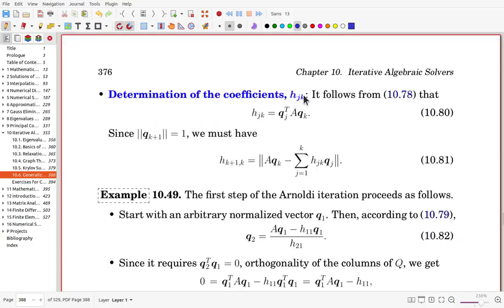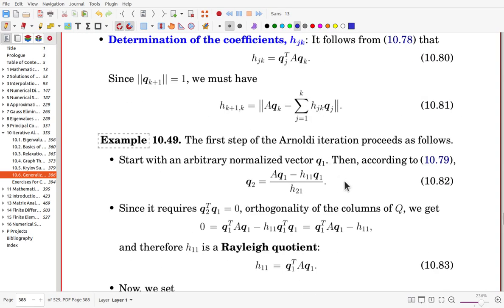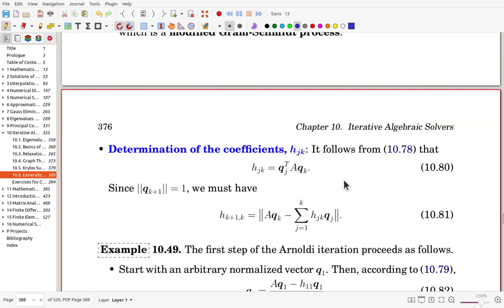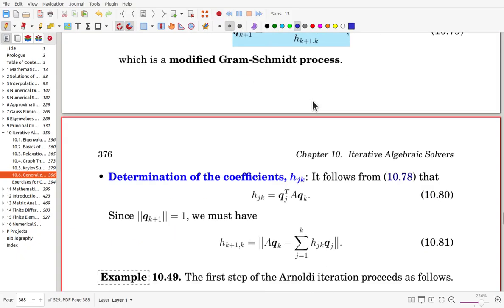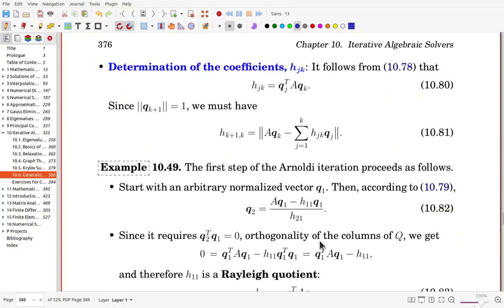Okay. Now we have the first step of the Arnoldi iteration. We start with an arbitrary normalized vector q1. Then, using this formula, q2 is A q1 minus h11 q1 divided by h21. So there is this formula.